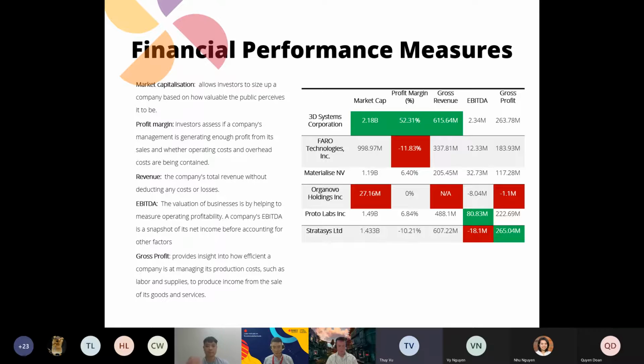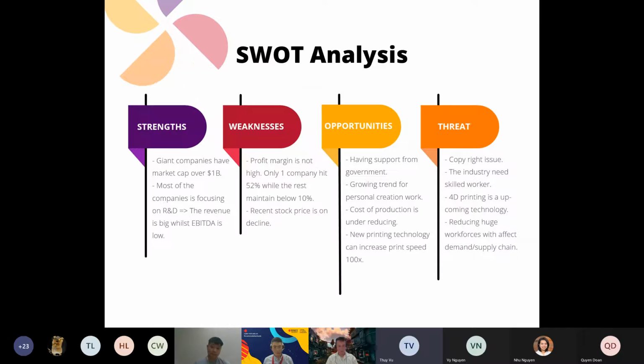I'll move to the weaknesses. The profit margin is not too high, with the exception of only one company. The rest are maintained at quite a low level, below 10%.